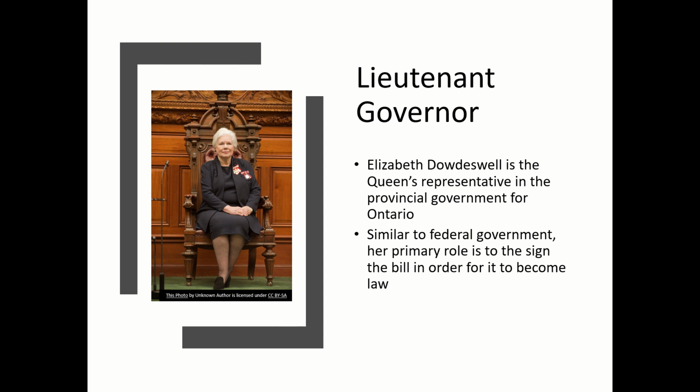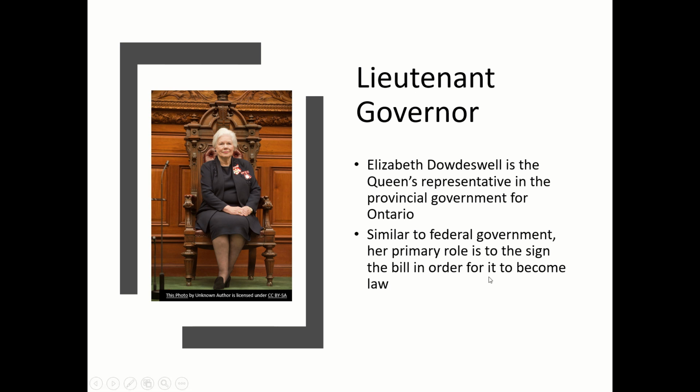Obviously, the Governor General can't be in all the provinces and territories to help manage all of those governments, so the Governor General will appoint a Lieutenant Governor, which is the Queen's representative at the provincial level. The current representative for the Queen at the Ontario level is Elizabeth Dowdeswell. She's the Lieutenant Governor here in Ontario.